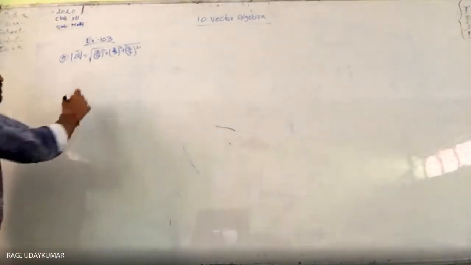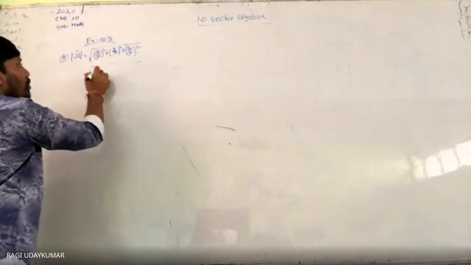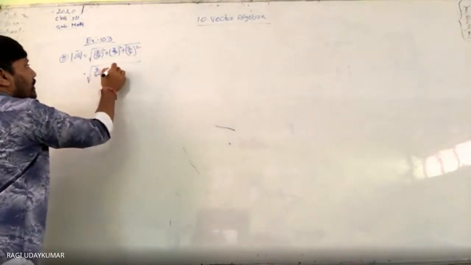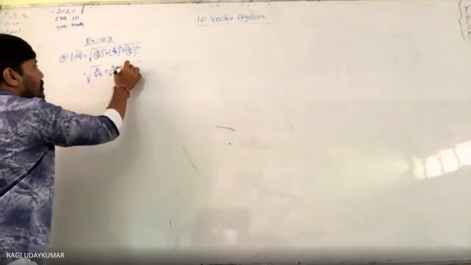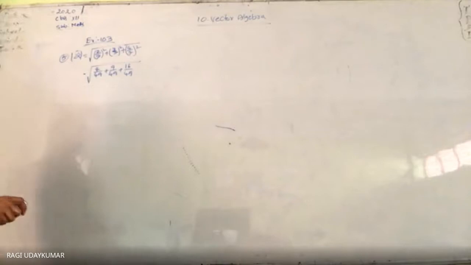When you simplify it, under root of 4 by 49, 9 by 49, 16 by 49. So find the sum.